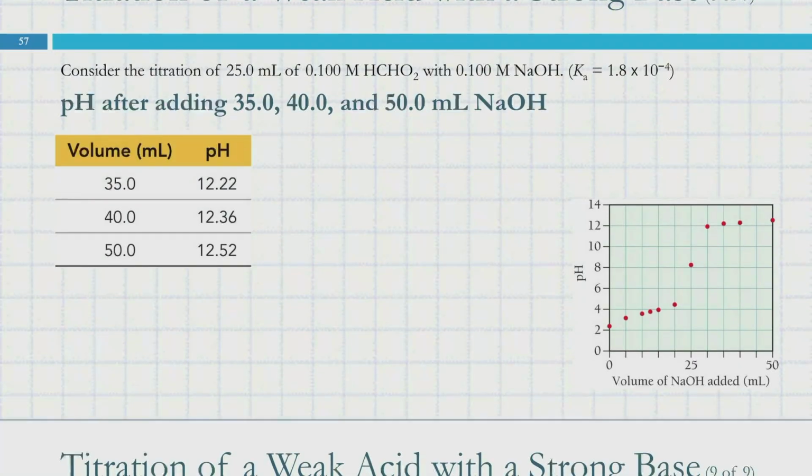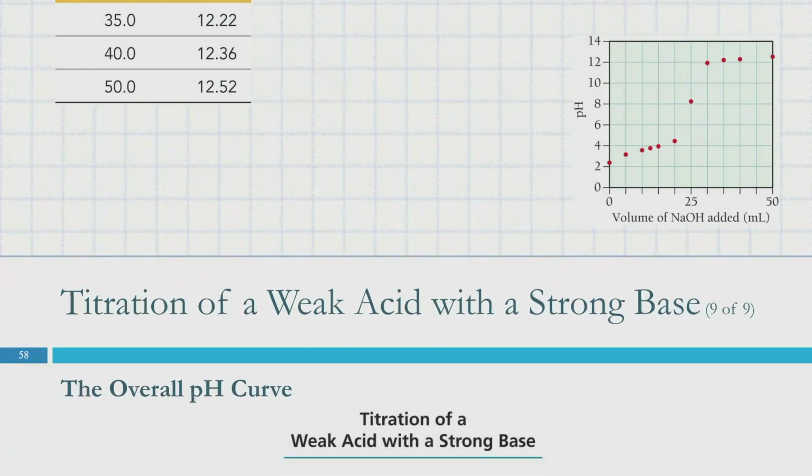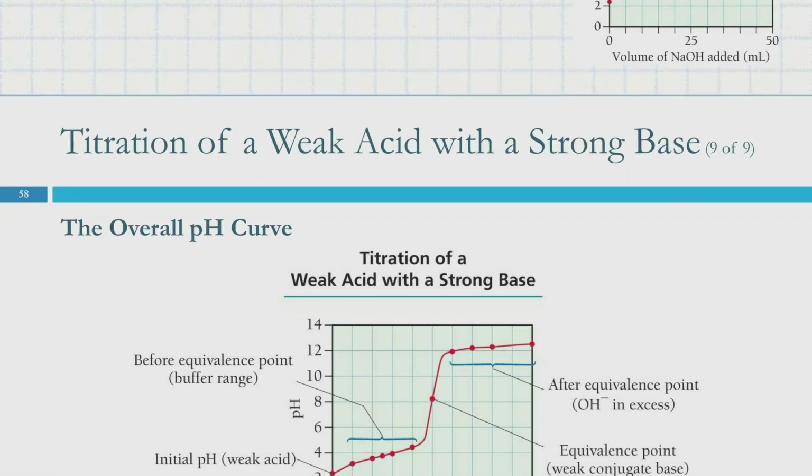As we add more sodium hydroxide, our pH continues to go up, but not by a very large amount, because we've already got a relatively large amount of sodium hydroxide. The biggest change was when we were first starting to have a sodium hydroxide dominated solution. After that, we're just adding a tiny bit. It's kind of diminishing marginal returns, but for pH.